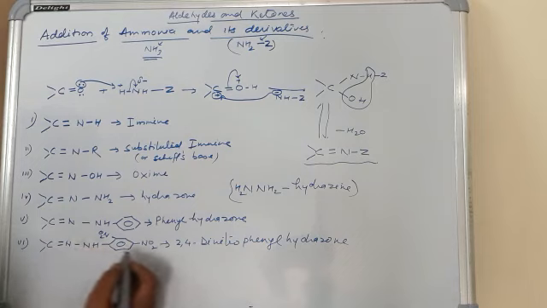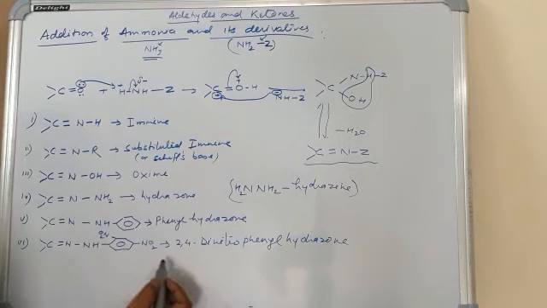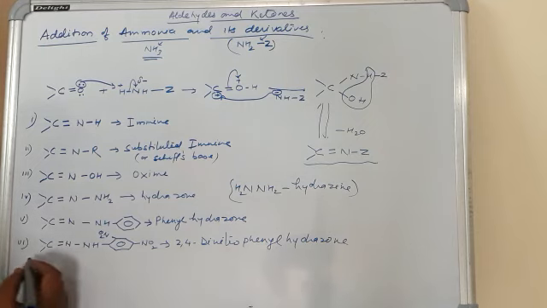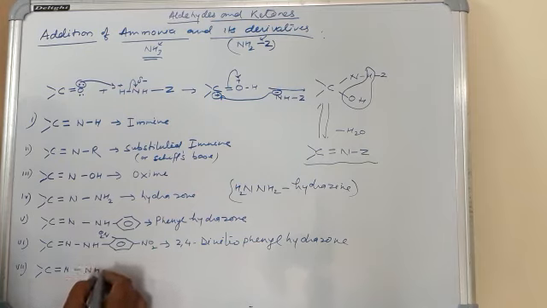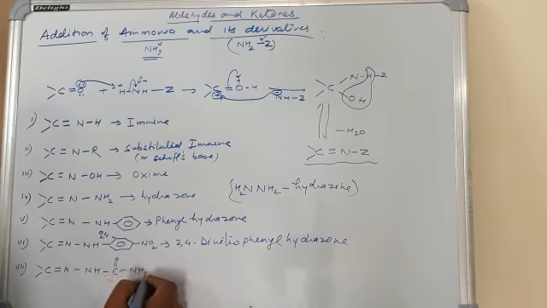And it is a very important chemical compound to find out the presence of a carbonyl group, the 2,4-DNP test we know. Next, nitrogen with one hydrogen replaced by an amide group, CONH2.